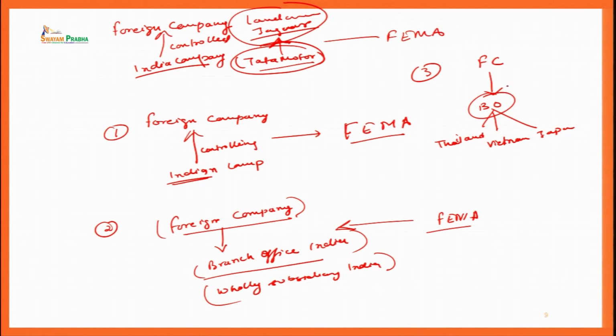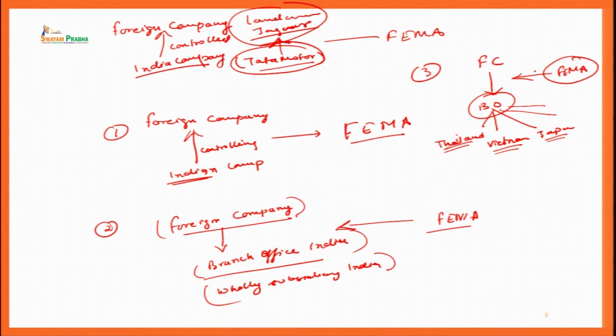So this branch office is here in India, but this branch office is supplying goods or services to Thailand, Vietnam, Japan or Indonesia or any other South and Southeast Asian countries, then also it is going to be part of FEMA. It is also going to be part of FEMA.